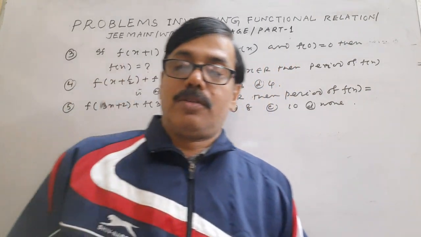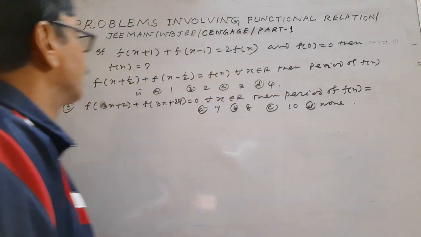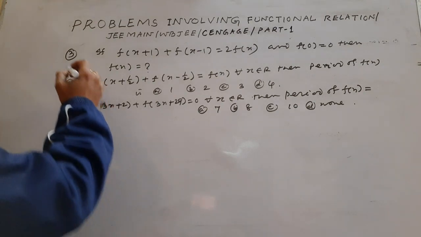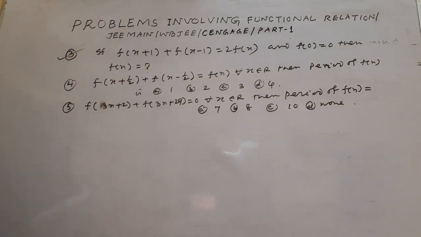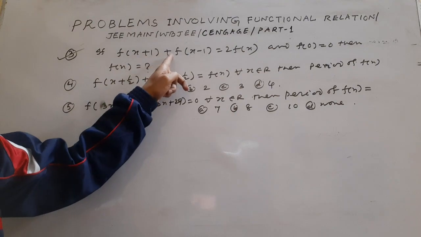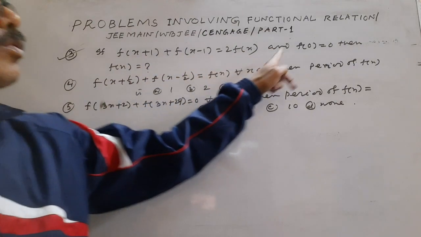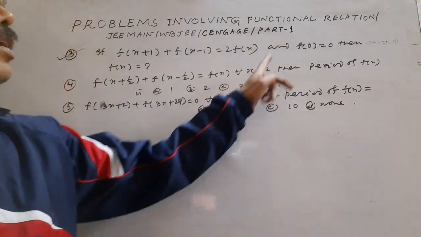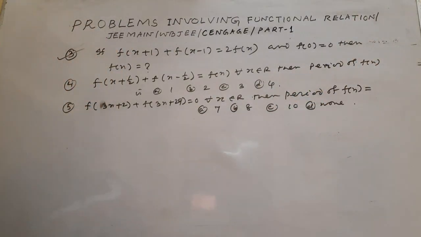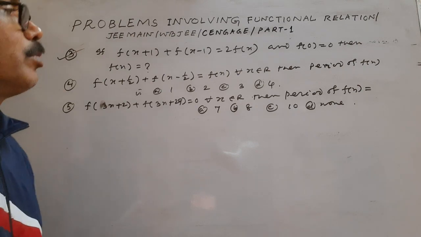Now we consider 3 more problems. So problem number 3. f(x+1) + f(x-1) = 2f(x) and f(0) is given. Find f(x). So f(0) is 0.